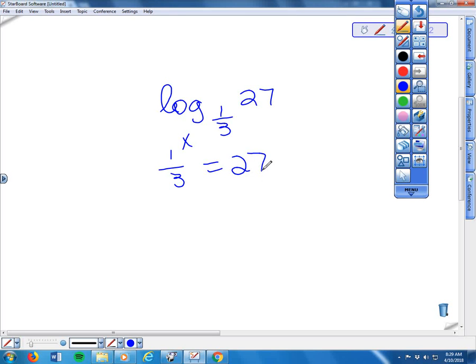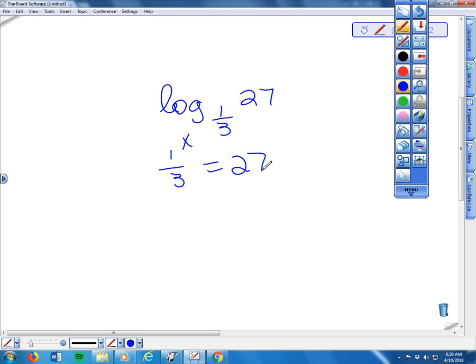Well, 1/3 to what power equals 3? -1. And 3 to what power is 27? 3. So the answer is -3. Kind of starting to get the feel for this? Once you start learning these rules, it's not bad, but it just looks foreign the first time you hear about it.